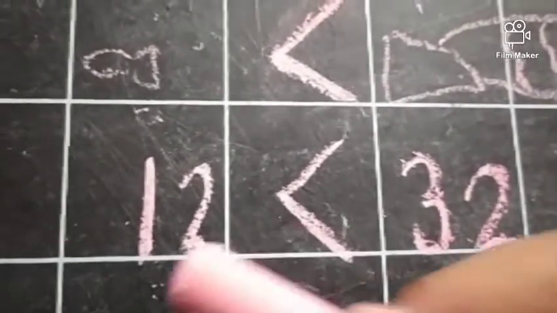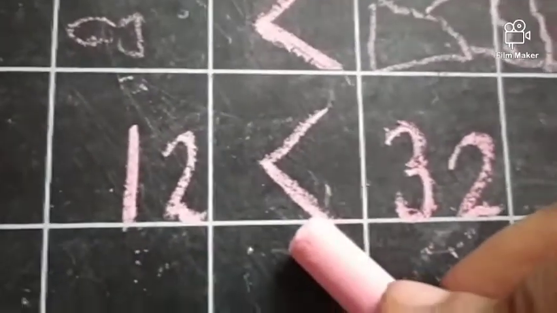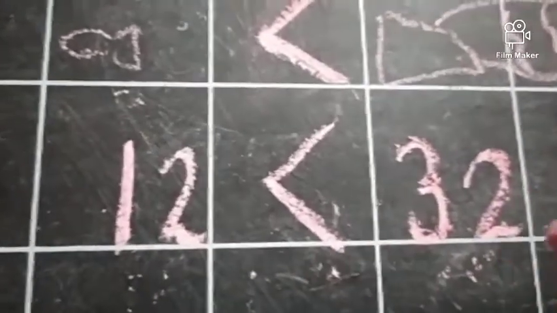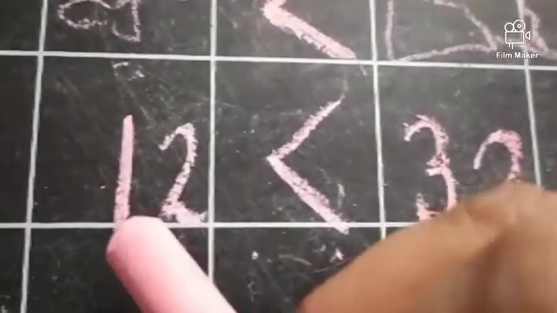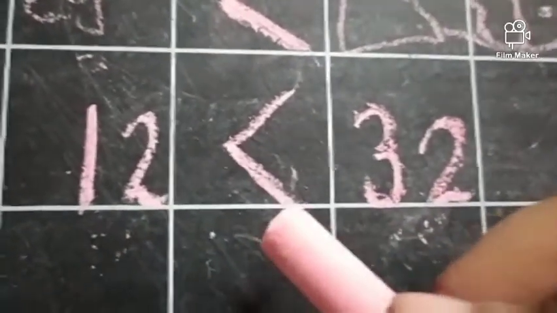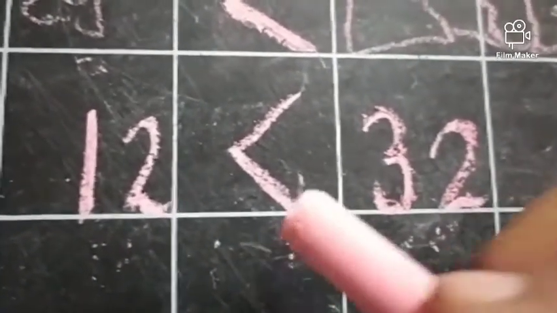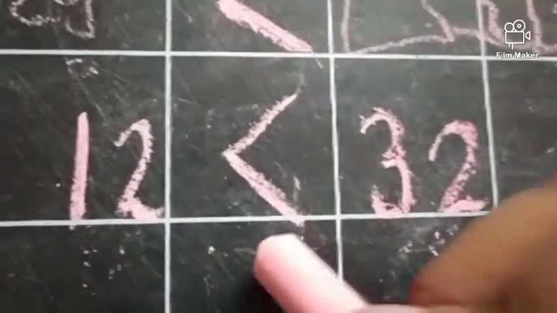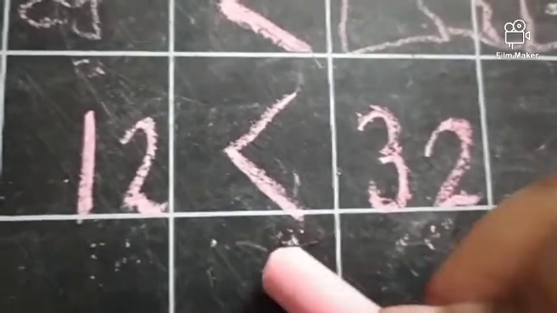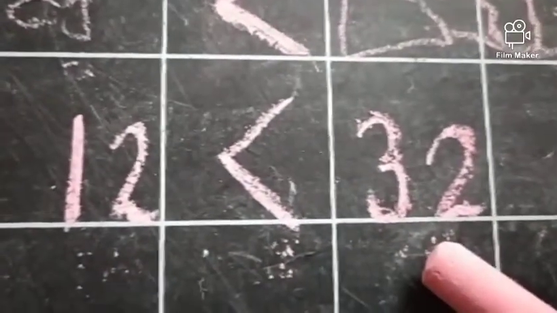Or we can say 12 is lesser than 32. Say loudly, everyone, with ma'am: 12 is lesser than 32. The name of this sign is lesser than.